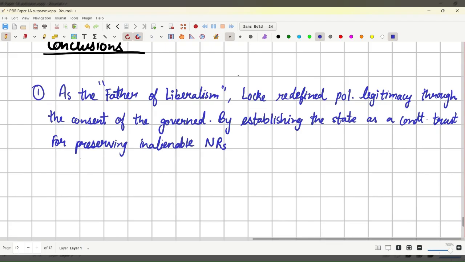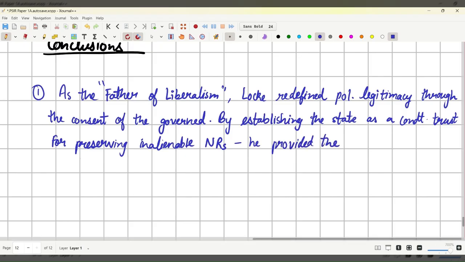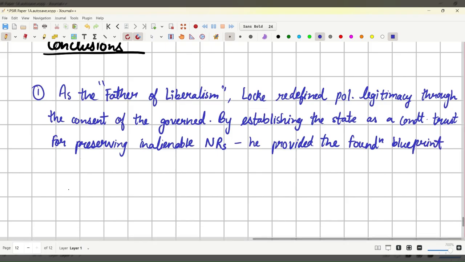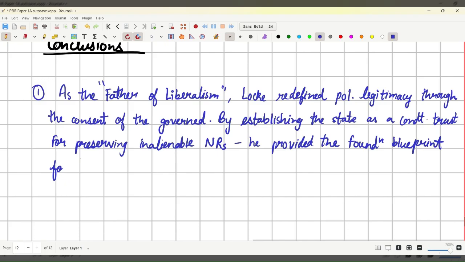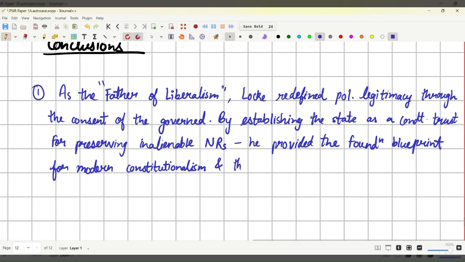He provided the foundational blueprint for modern constitutionalism and the moral right to revolution.